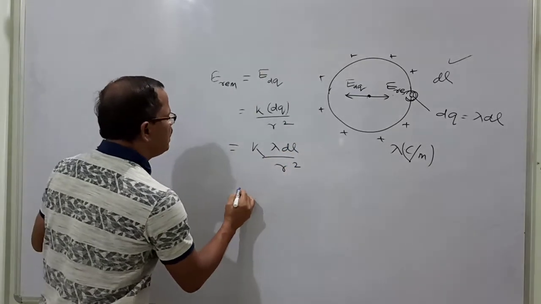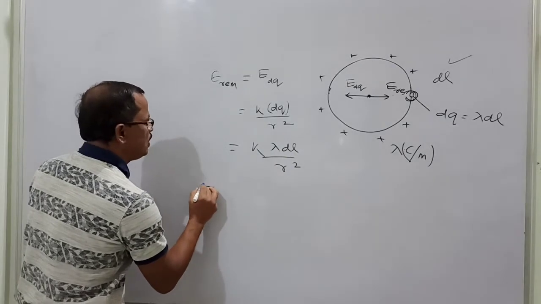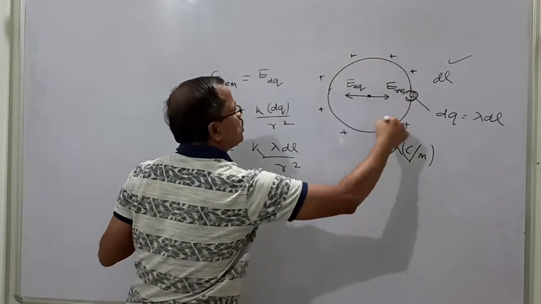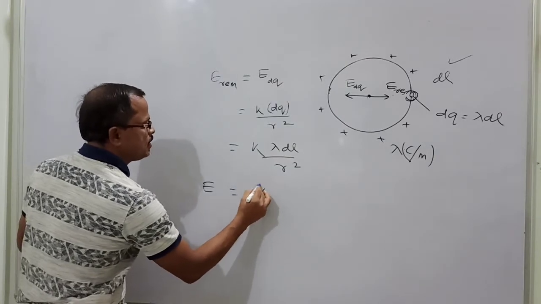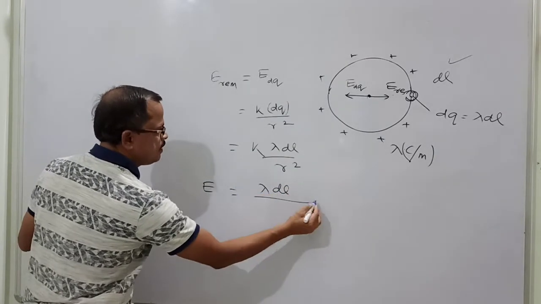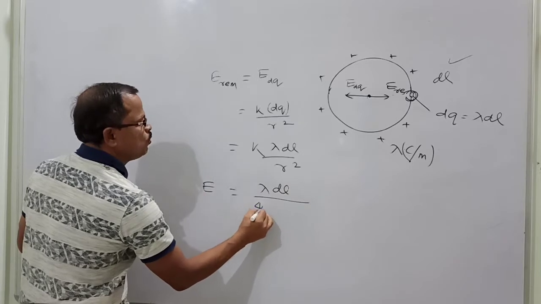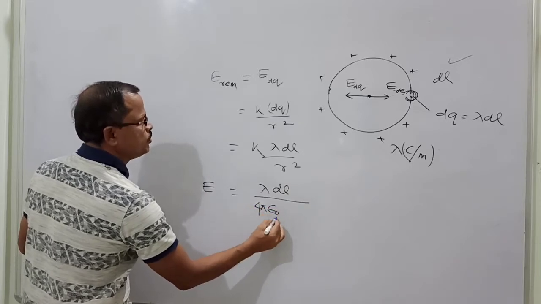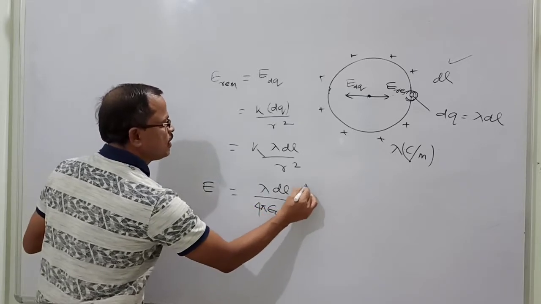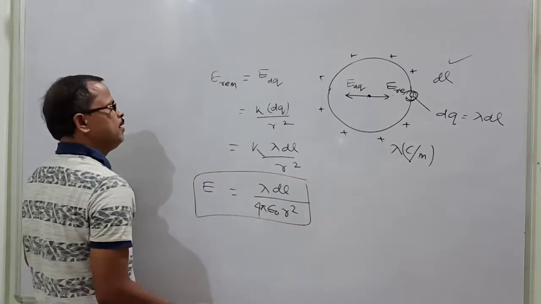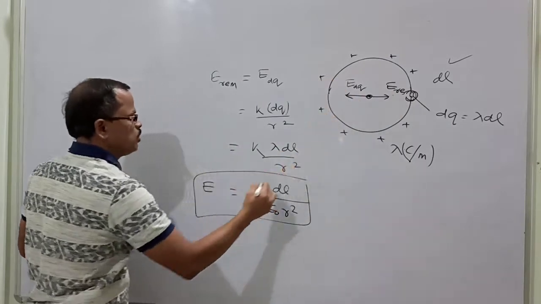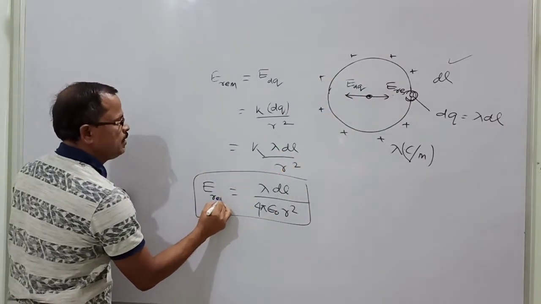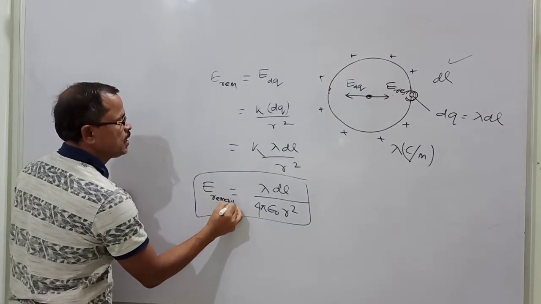So the electric field at the center due to the remaining portion is equal to k lambda dl divided by r square, where k is equal to 1 over 4 pi epsilon 0. And this is the electric field at the center due to the remaining portion of the charges. What is the direction?